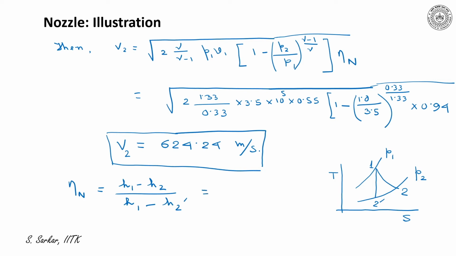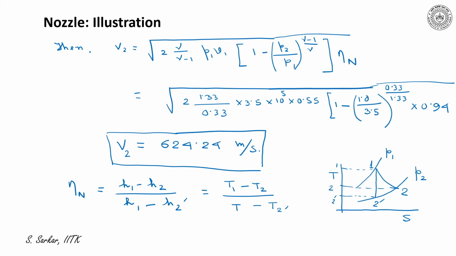If I consider that within the temperature range Cp remains constant, then I can say (T1 minus T2), actual temperature drop, divided by isentropic temperature drop, that is (T1 minus T2 dash). This is our T1 and this is our T2 dash, 1 and 2 dash, and this is our actual temperature T2.